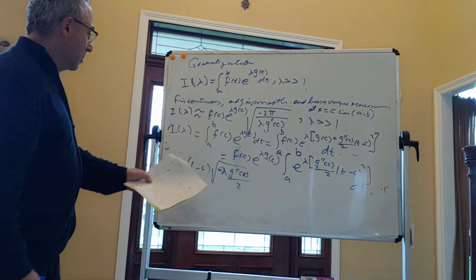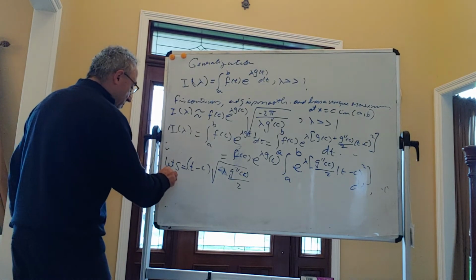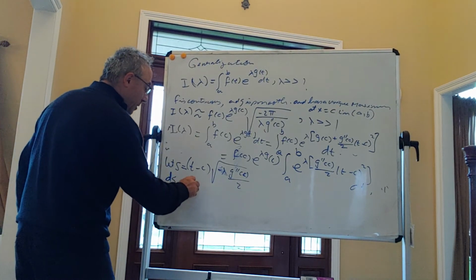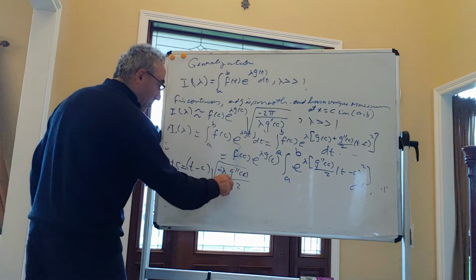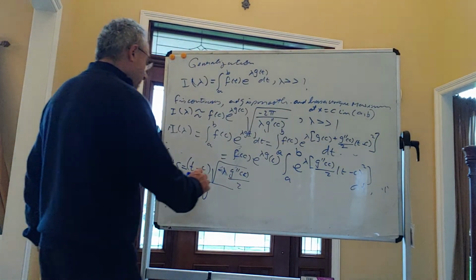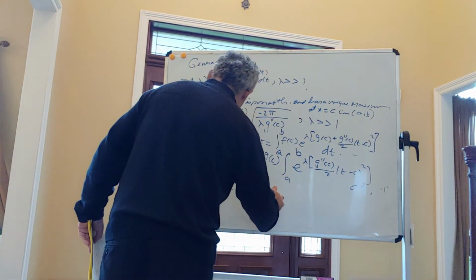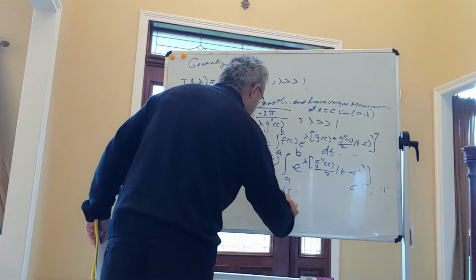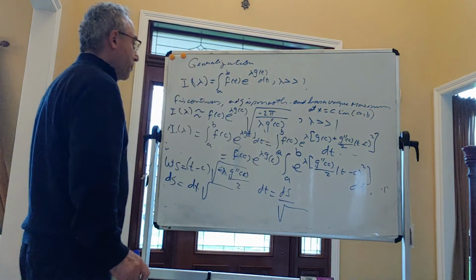And then you do the necessary things, ds equal to dt times the square root of that. Okay, and then you solve for dt. dt is ds over the square root of that.